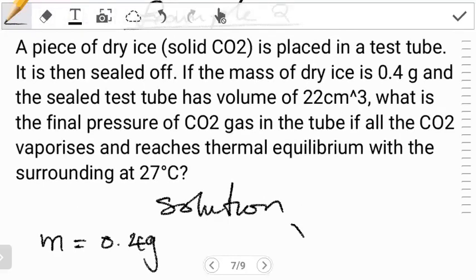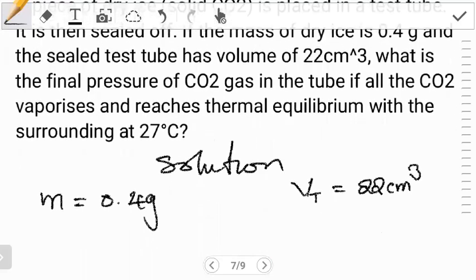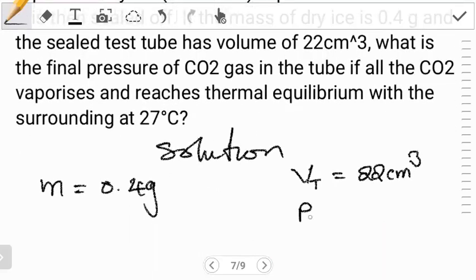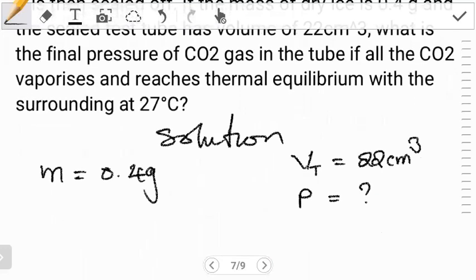So let's say the volume of the test tube is 22 centimeter cubic. What is the final pressure? So they want to find the final pressure P of the CO2 in the tube if all the CO2 vaporizes and reaches thermal equilibrium with the surrounding. The surrounding T is equal to 27 degrees Celsius.